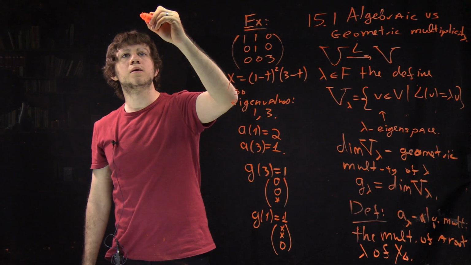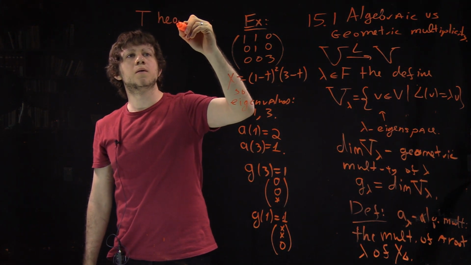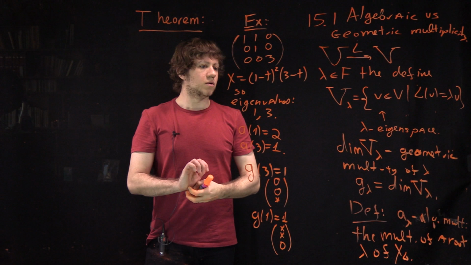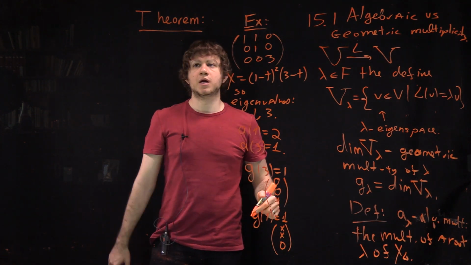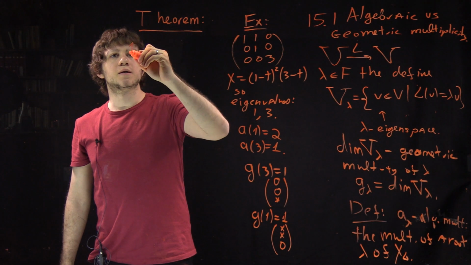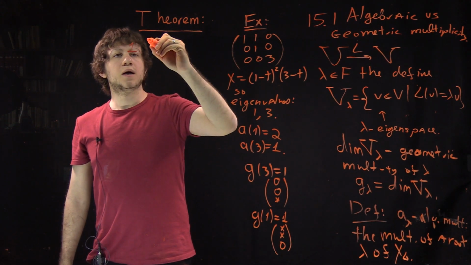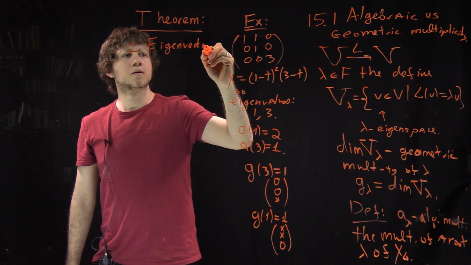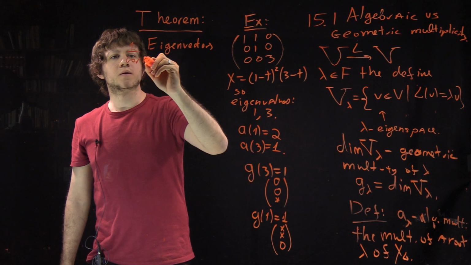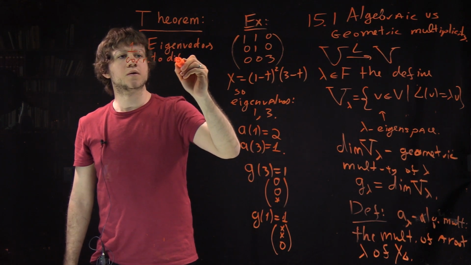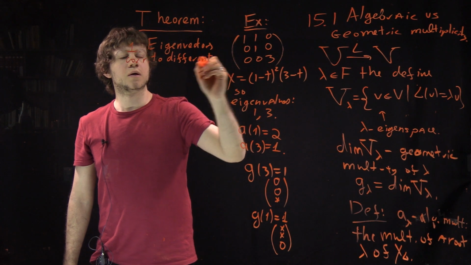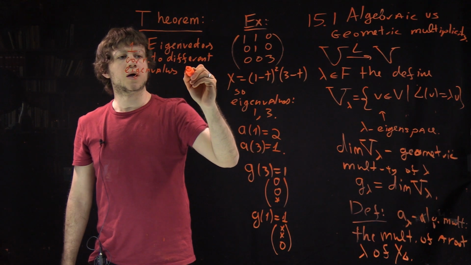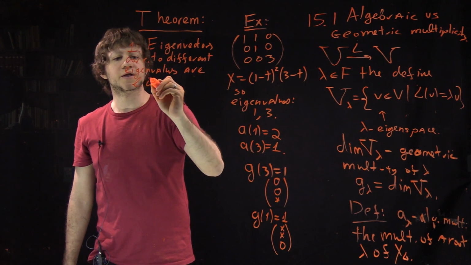So I want to prove the following very important theorem. There are several statements. The first statement is that eigenvectors corresponding to different eigenvalues are linearly independent.